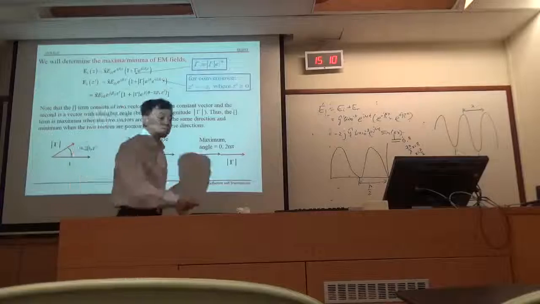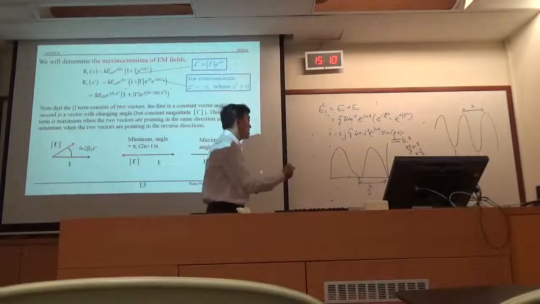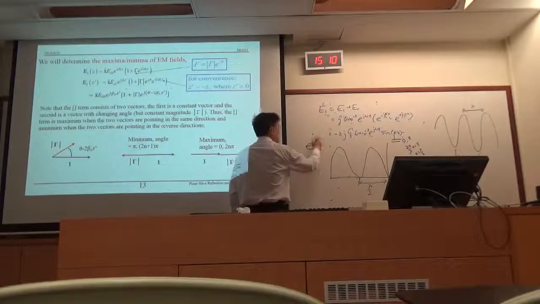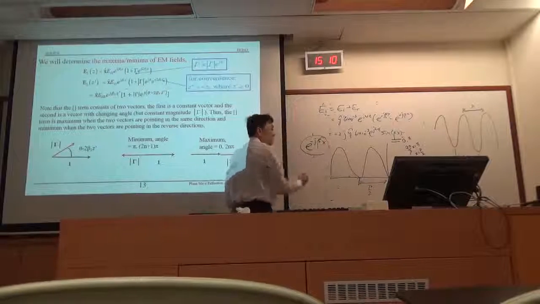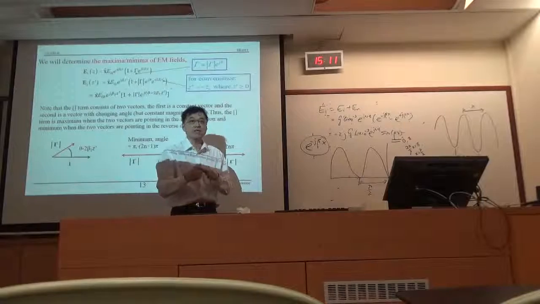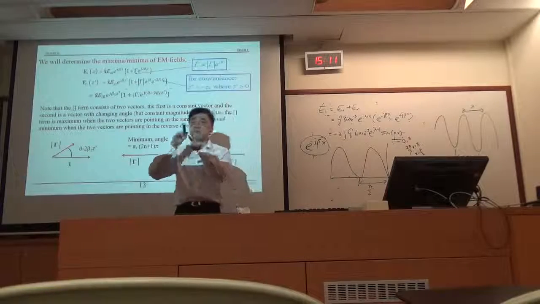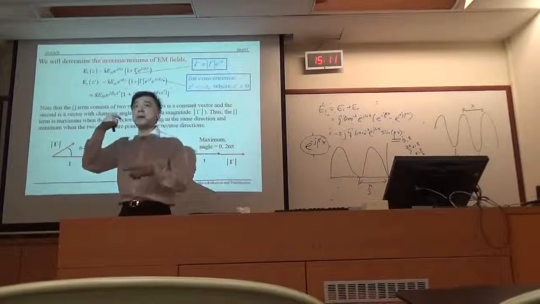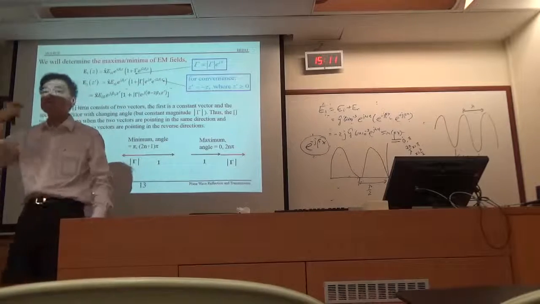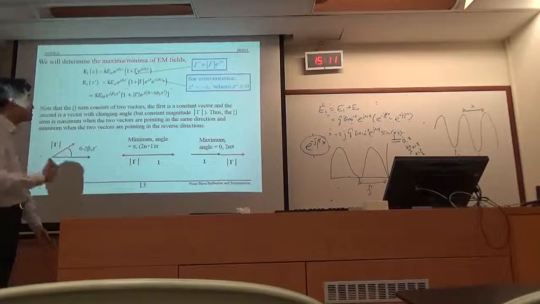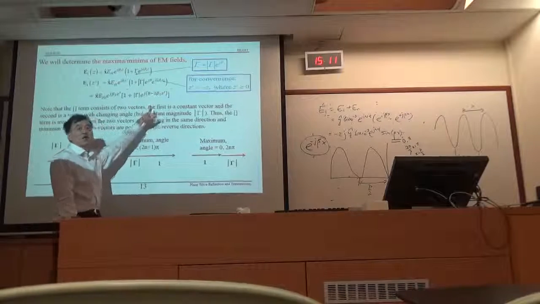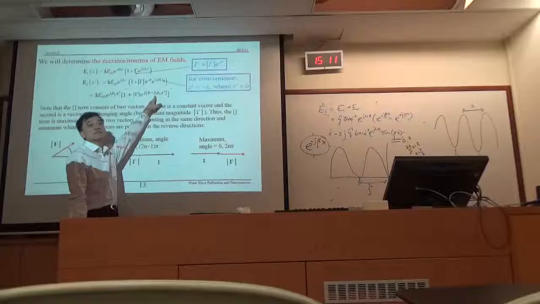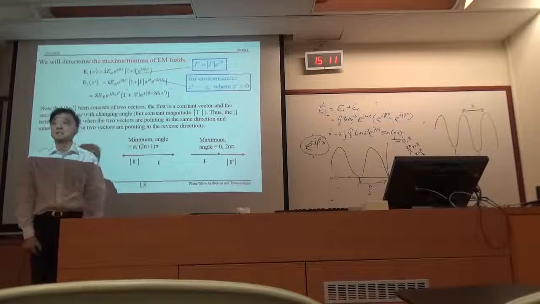For a propagating wave, the phase is e to the minus j beta x. This is how fast the phase changes. The phase rotates as beta x or beta z. But this reflection coefficient vector rotates twice as fast, 2 beta z.